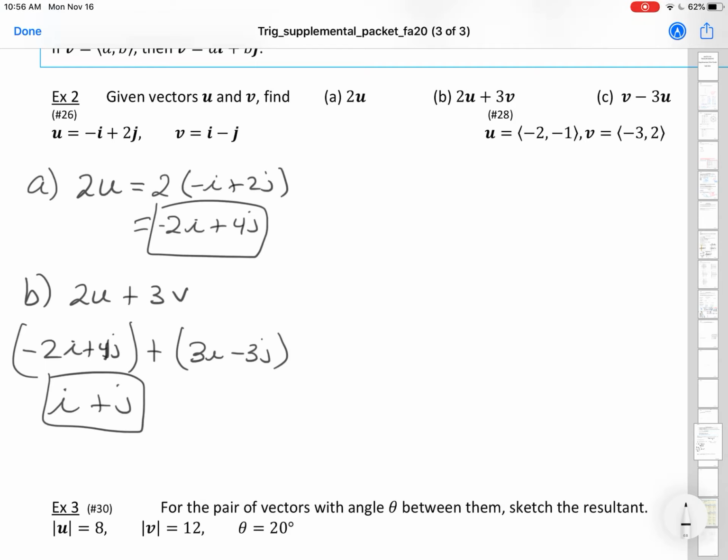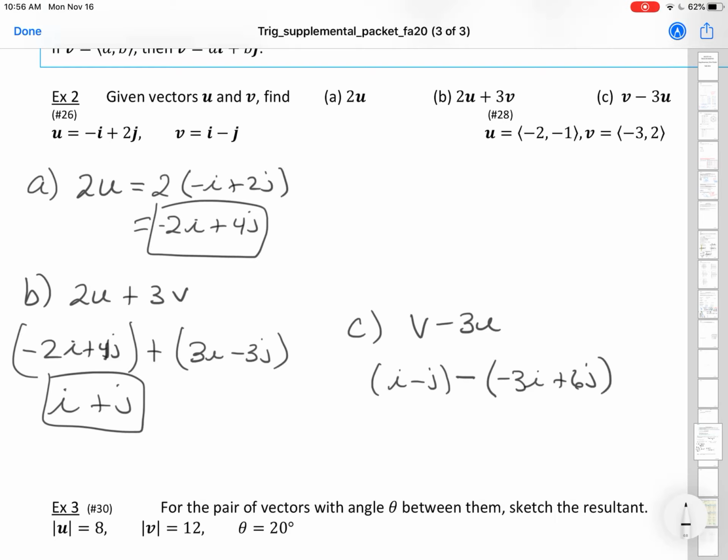And then how about C for this problem? C wants us to do v minus 3u. So be careful. They want us to start out with v, which is i minus j, minus 3u. And so a couple ways you can handle that. You could distribute the minus 3 right away, or I'm just going to hold it off and do 3u, which would be negative 3i plus 6j.